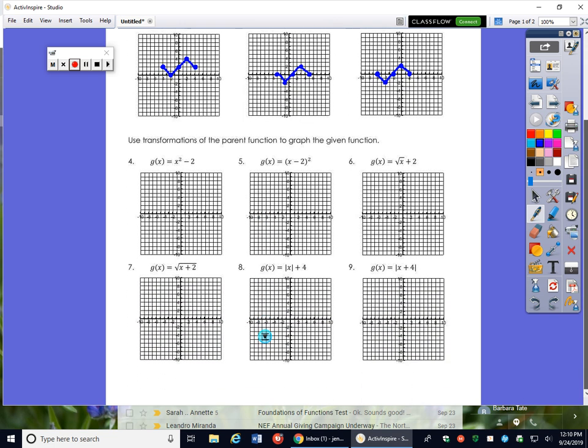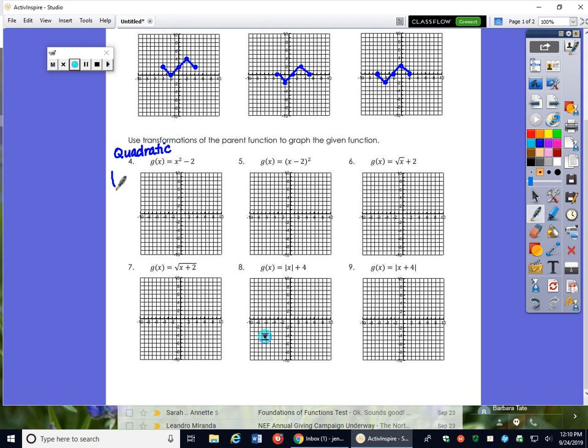Now, on 4 through 9, you are going to have to use whichever parent function is for that particular function. So you've got to look at what's going on in the equation. For instance, in number 4 and number 5, you have a little squared. So this is going to be our quadratic function. So on your parent function cheat sheet, look for quadratic.